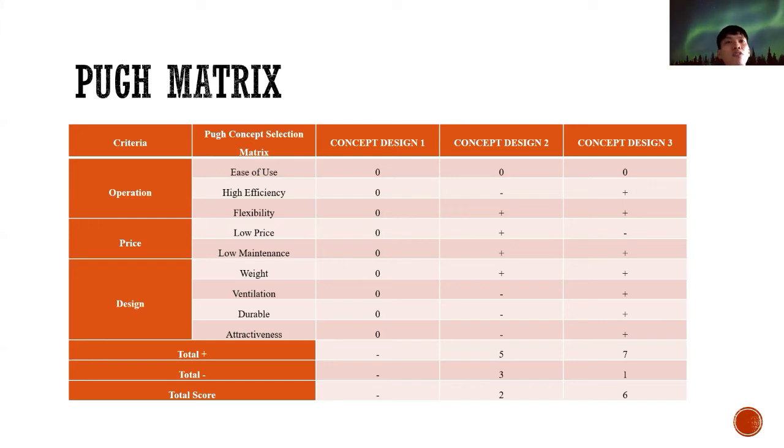So for ease of use, we can see that all three conceptual designs are the same. And when it comes to high efficiency, concept 3 is much more efficient with the improvement parameters.